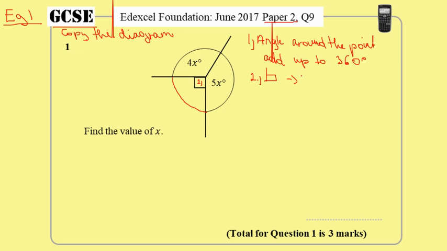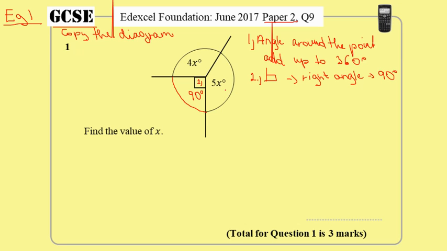Amazing, well done. And how many degrees? Do you remember? How many degrees is the right angle? Yes, amazing, perfect, 90 degrees. Now we have to use all this knowledge. We know those three will add up to 360, and we know this one is 90 degrees.